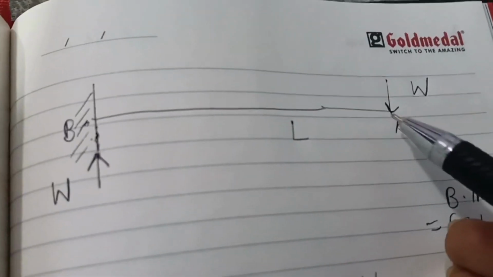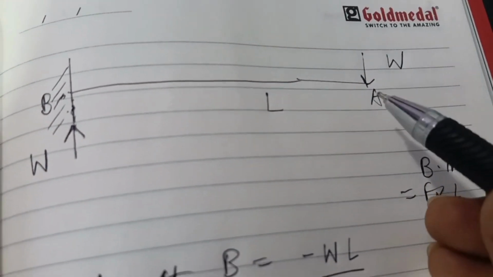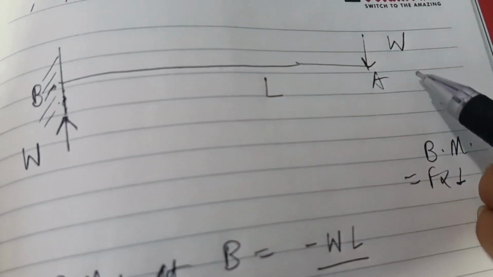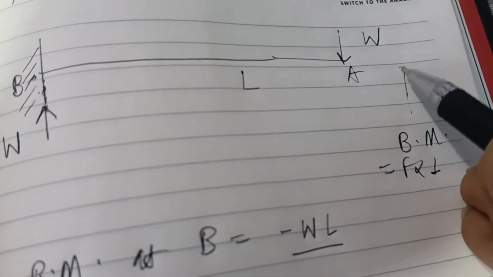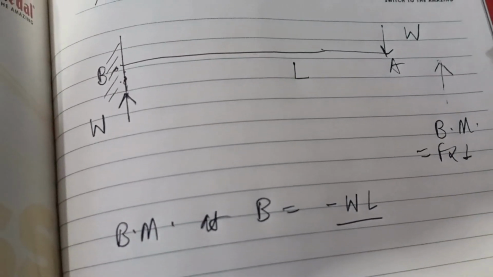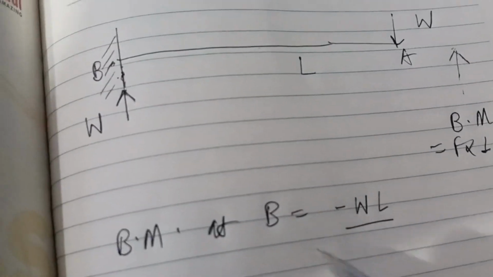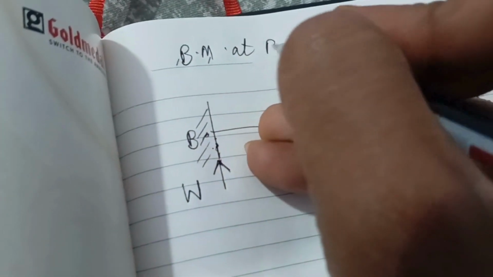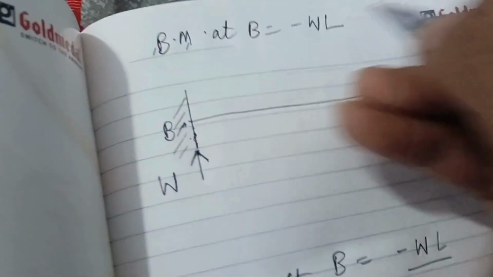Had it acted in the upward direction, the sign convention would have become positive. Suppose it would have acted like this at A vertically upward, at that time we would have taken positive. Here this minus WL will act at B, so the bending moment at B is minus WL.